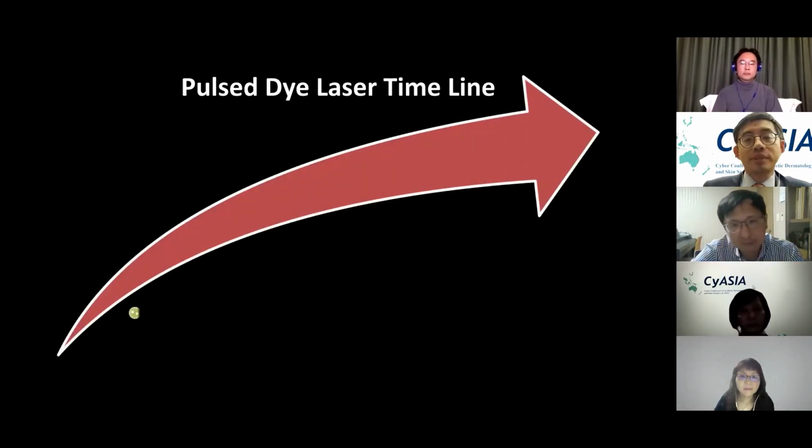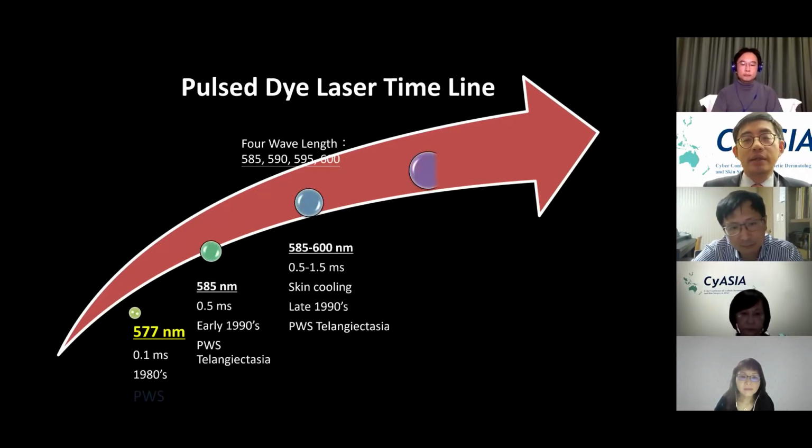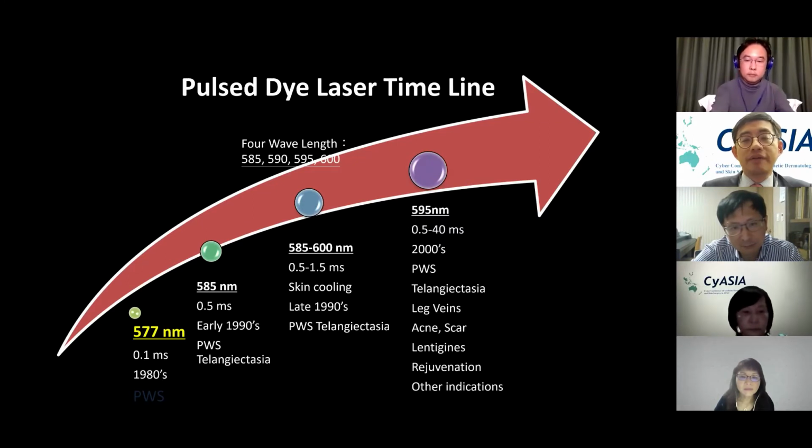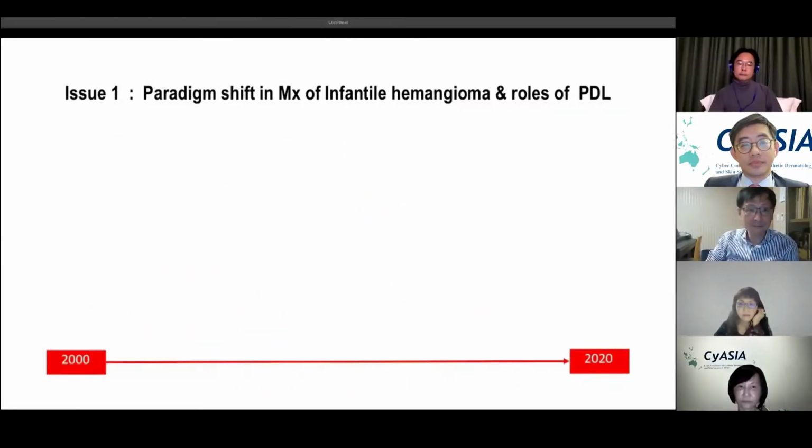So the wavelength of the laser used was shifted to 585 in the early 1990s, and then after year 2000, 595 almost replaced 585. Dr. Patrick has highlighted the paradigm shift in management of port-wine stain based on the selective photothermolysis concept.